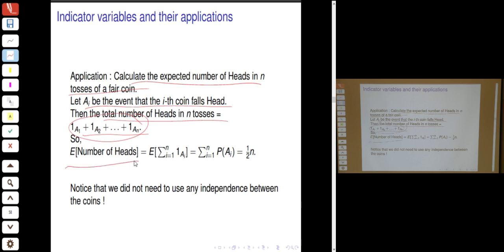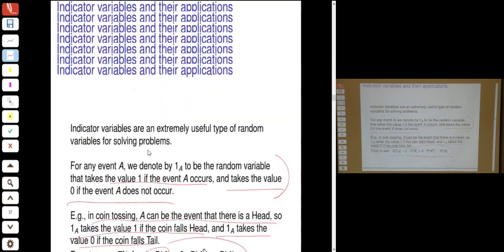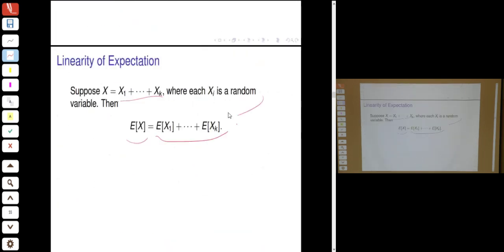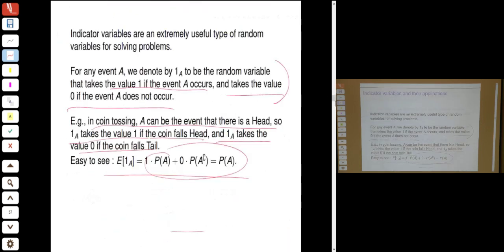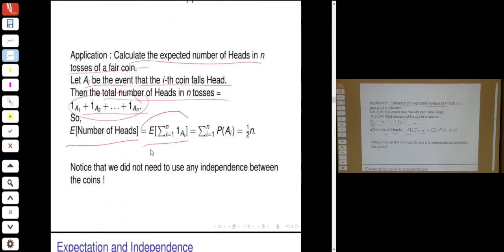So the expected number of heads is the expectation of the sum of these indicators, which is, by linearity of expectation, which we saw a couple of slides ago, the sum of the expectations. Let us write an intermediate step. The expectation of the sum of the indicators is just the sum of the expectations of the indicators.